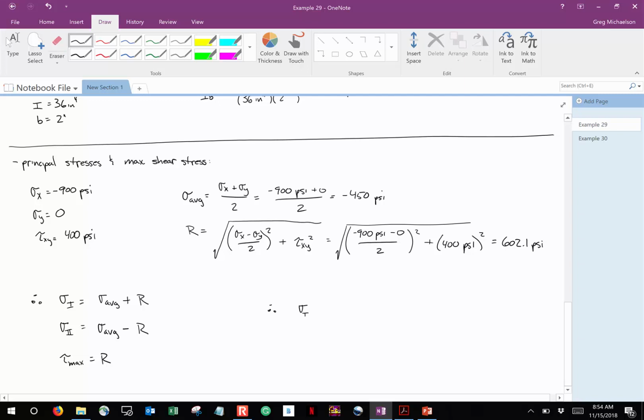So sigma 1 ends up being positive 152.1 psi. Sigma 2 is minus 1052.1 psi. And tau max is 602 psi. And that's our answer.